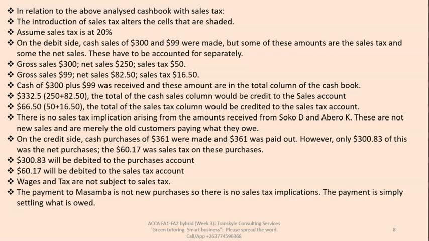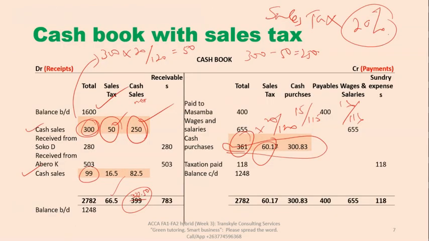Remember, when we do sell, in this case, these were cash transactions, so there was a debit cash, as you can see in the cash book there. Debit cash.